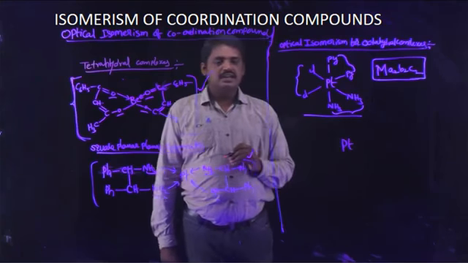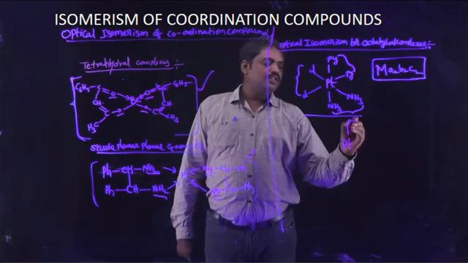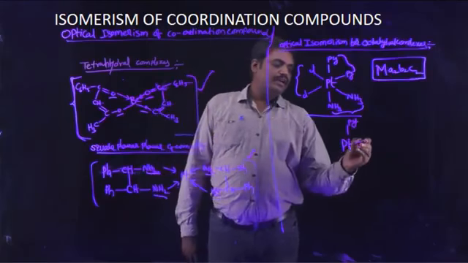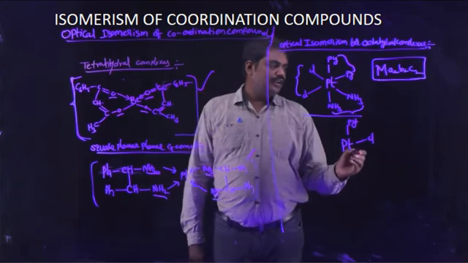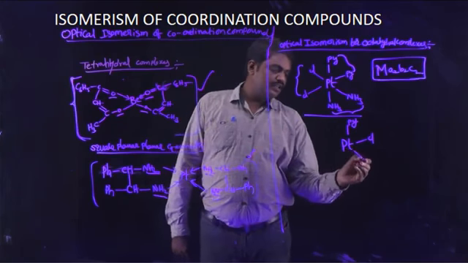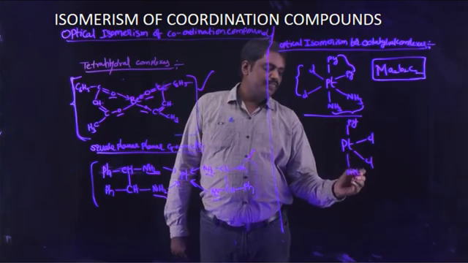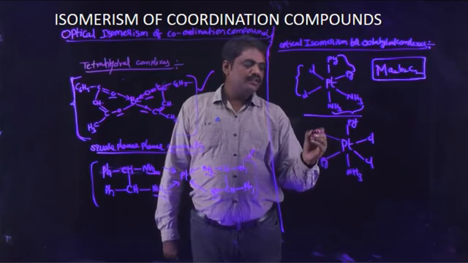Platinum is the central atom for the given coordination compound. One of the ligands is pyridinium, another one is chlorine, another one is another chlorine, and next one ammonia, and pyridinium, and NH3.